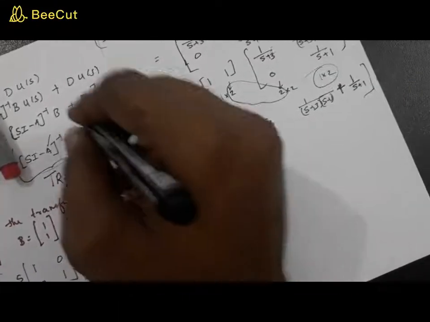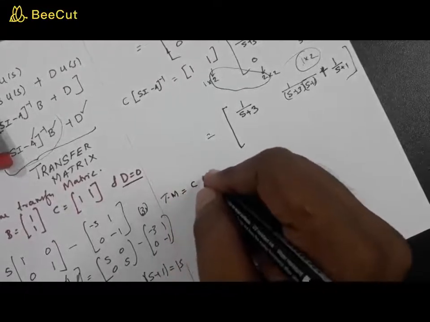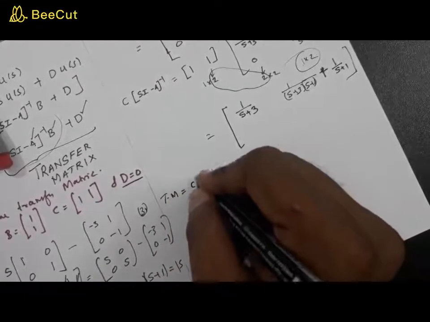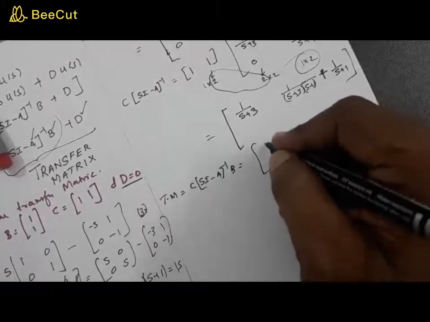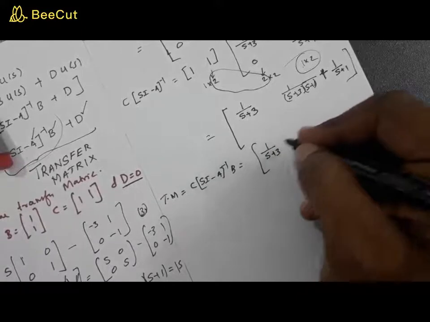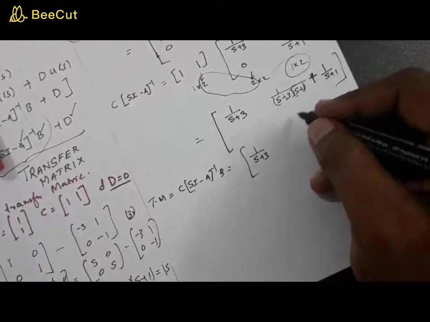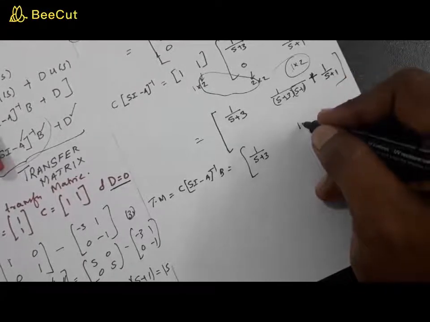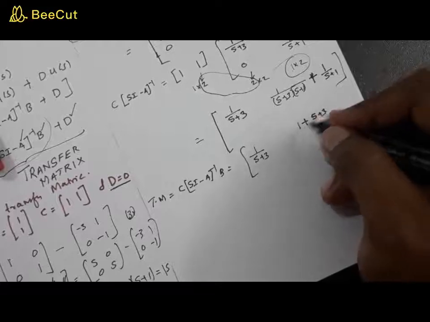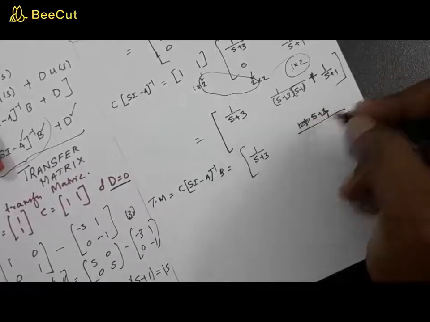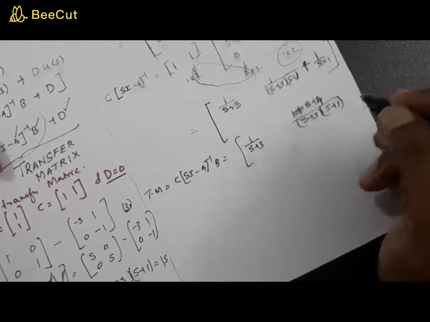And what is your transfer matrix? The transfer matrix is actually equal to C into SI minus A inverse into B. That is this matrix, 1 by S plus 3, and this can be written as 1 plus 1 by S plus 3, right? Or you can call this S plus 4 divided by S plus 3 into S plus 1.